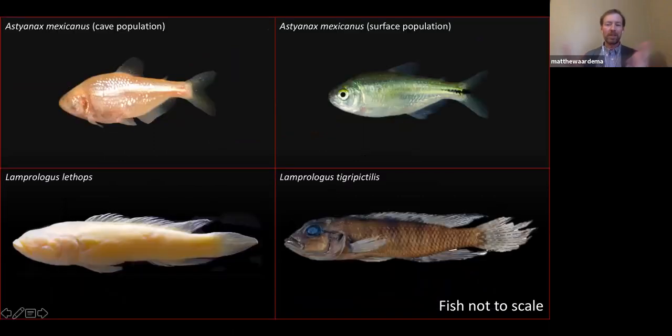And when you compare them to either surface populations in Astyanax, or fish of the same genus in the cichlids here, Lamprologus, those troglomorphic phenotypes become quite clear and distinct. The lack of the eye again, and the lack of pigmentation.